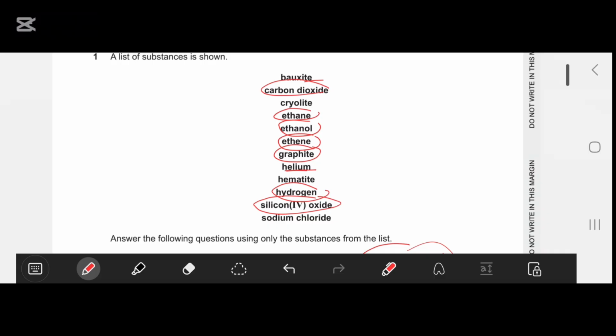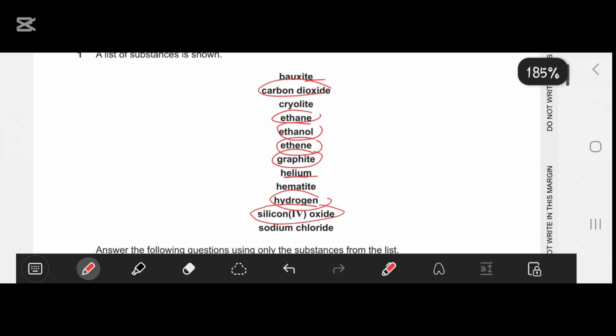Alright, the ones with giant covalent structures are graphite and silicon IV oxide. Carbon dioxide, ethane, ethanol and ethene are simple covalent compounds. You have to remember that we also have diamond, which is also a giant covalent compound with a similar structure to silicon IV oxide.